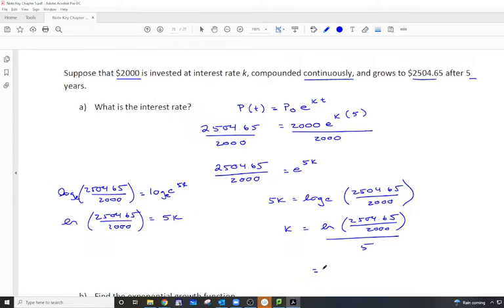That gives me 0.0450000364. The answer to this question would be k equals, I'm going to times this by 100, so the interest rate is 4.5%.